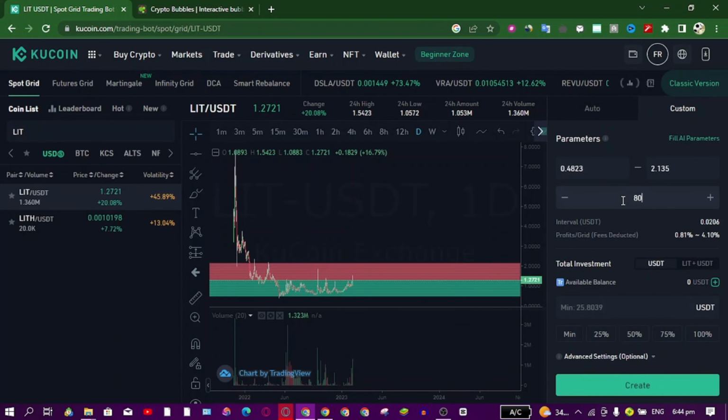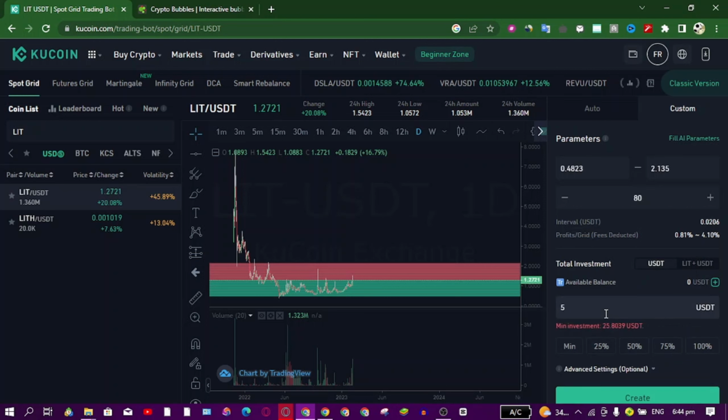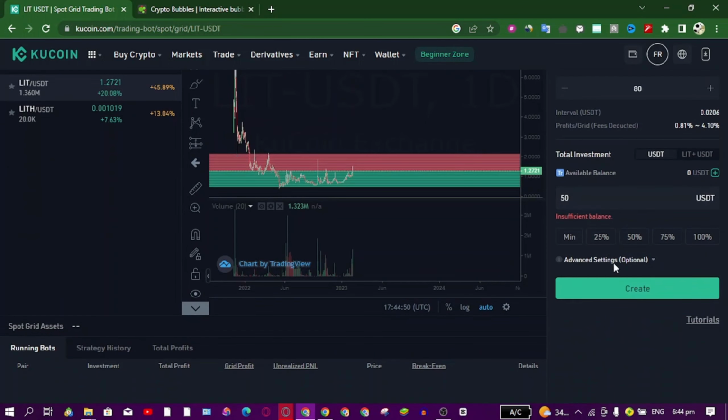That's the minimum amount you can put. Let's say 50. I'm having insufficient balance because I have not funded this particular account.